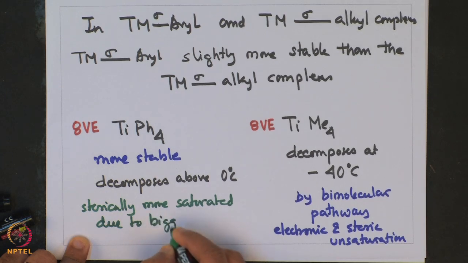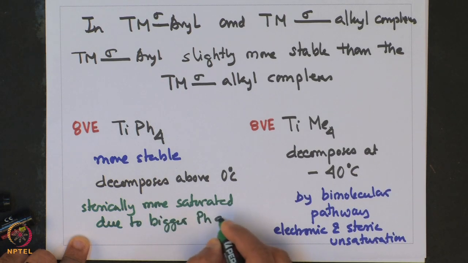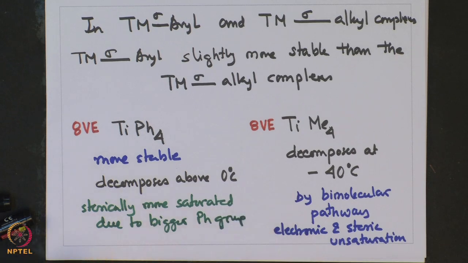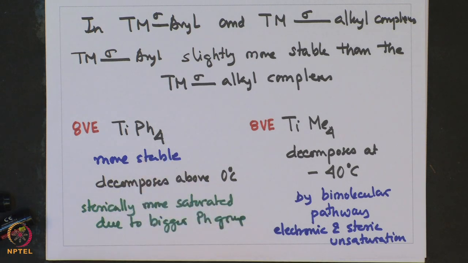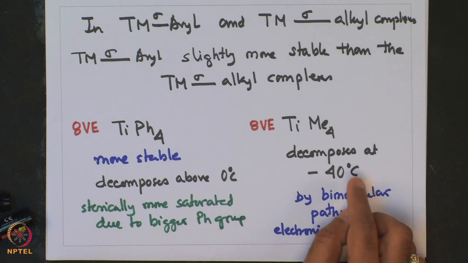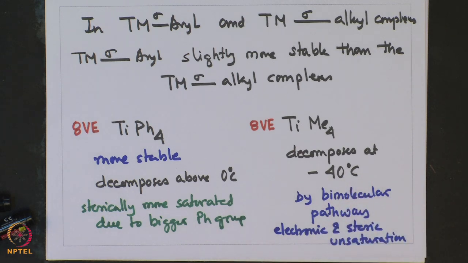Bigger phenyl groups than the methyl ones. As a result, titanium tetraphenyl is more stable than titanium tetramethyl.